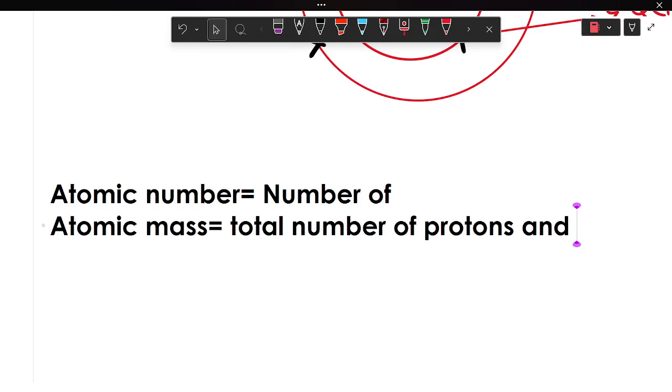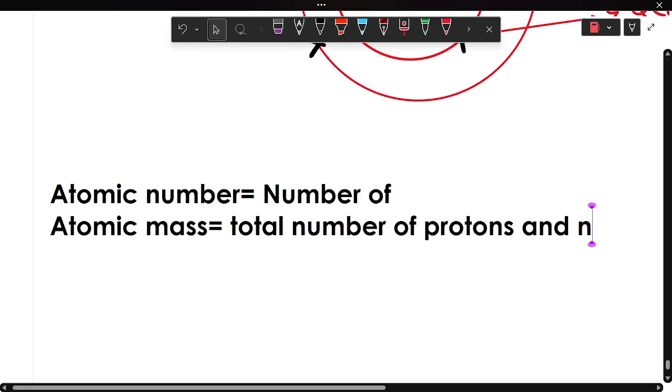Okay, so atomic number is the number of protons in an atom, or the electrons in short. While the mass number is the total number of protons and neutrons, right?